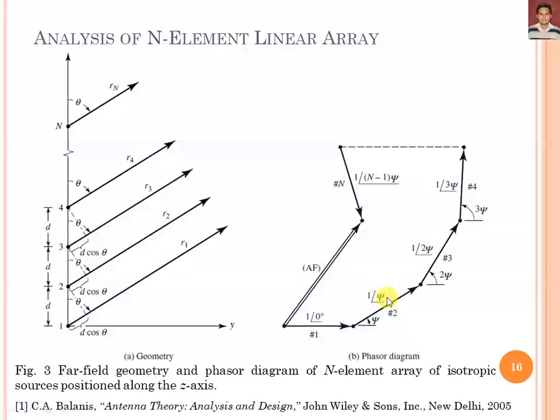This is the progressive phase between element 2 and the previous element 1. Then element 3 is 2 psi with respect to element 1, and between 2 and 3 it is psi. So for the n-th element the amplitude is 1 and the phase is (n minus 1) times psi.